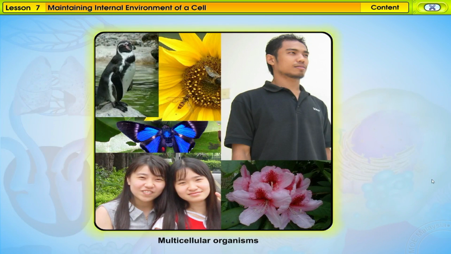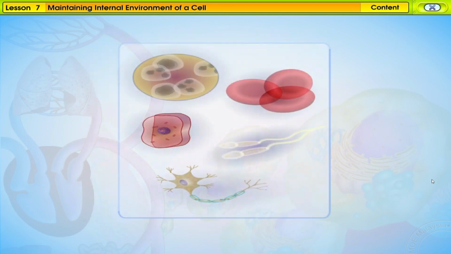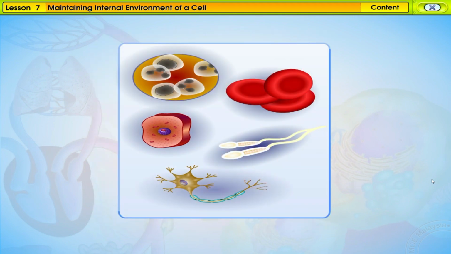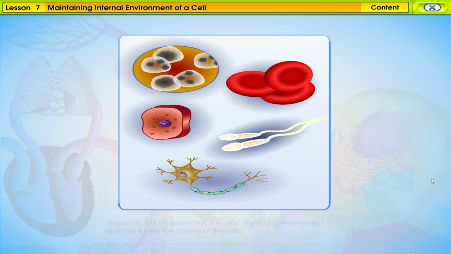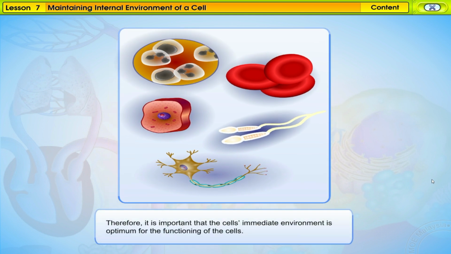Multicellular organisms are made up of millions of microscopic cells. The organism is dependent on these cells to carry out its multitude of activities. Therefore, it is important that the cell's immediate environment is optimum for the functioning of the cells.